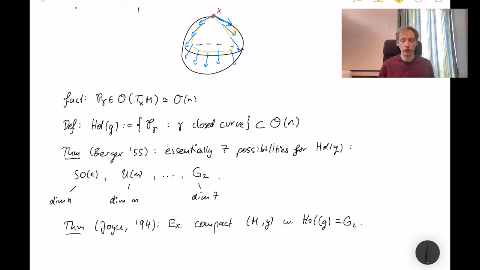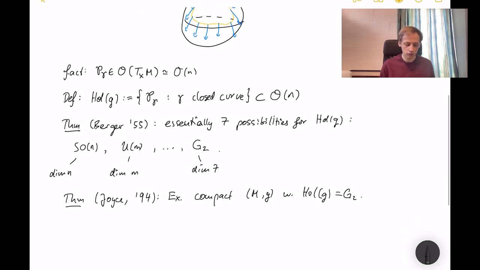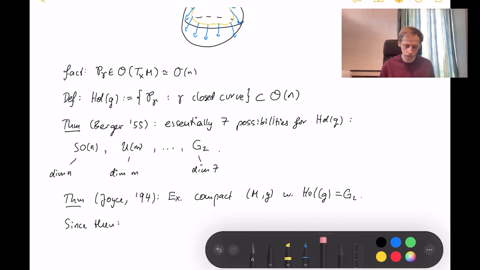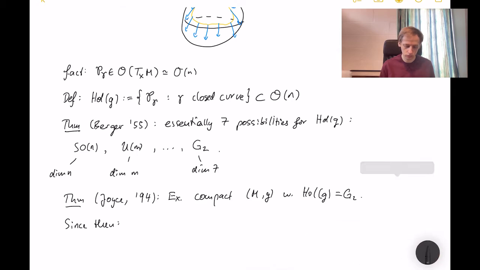So that took a lot of work to get there and a long time. But since then, we came up with some millions of examples. And some thousands of them can be distinguished by their homology.